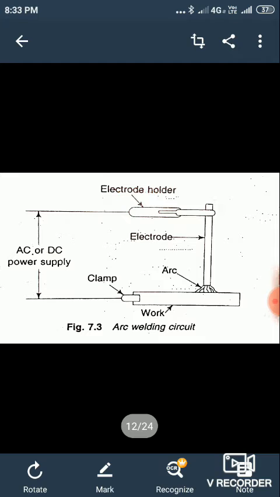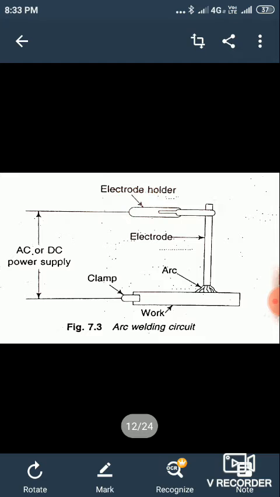The electrode holder and the metal work table are connected to different terminals of the welding power source by means of long insulated cables.